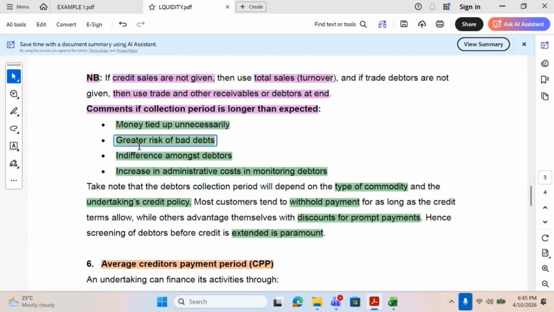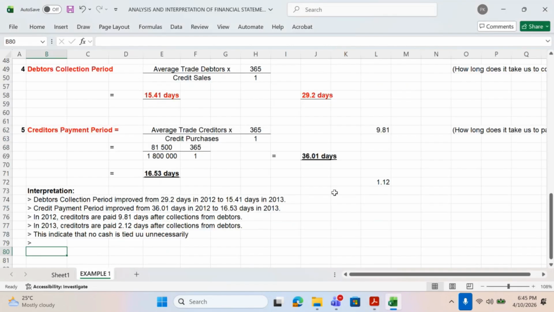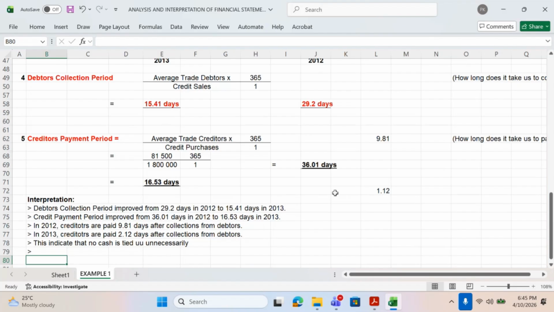Even coming back here, greater risk of bad debt. Is there a risk of bad debt here by looking at the numbers? No. Definitely no. The risk of bad debt is very low, right?